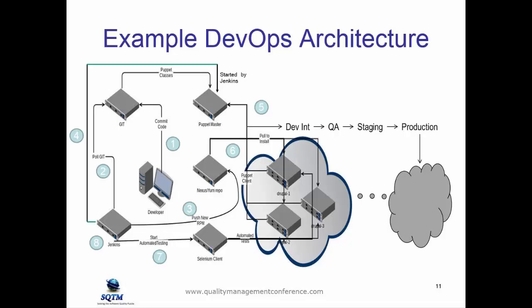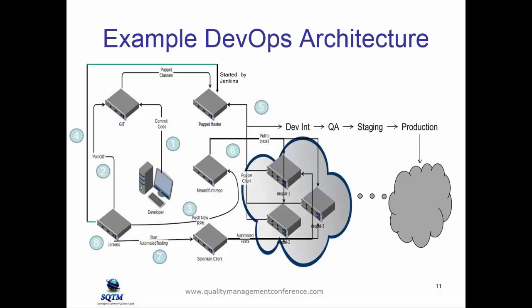So step number one, we've got in the middle of the diagram to the left a developer workstation. The developer is working on a new function, commits that code into a source code repository. In this case, we're using Git. And when that code gets checked in, when it gets modified, on a regular basis, usually, say every minute, Git is pulled by what's called a continuous integration server.